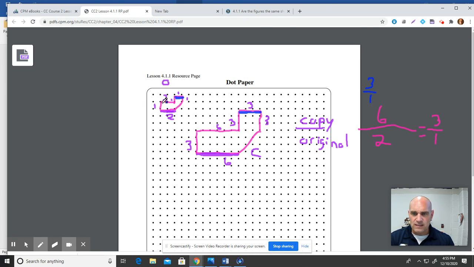If I choose a different side, let's choose this side going up and down. And this is the corresponding side over here. So once again, it's copy over original. So that's also going to be 3 over 1. So we notice that no matter what corresponding sides I pick, it's always going to simplify down to 3 over 1, which hopefully makes a little bit of sense because remember we made this new picture 3 times as big.